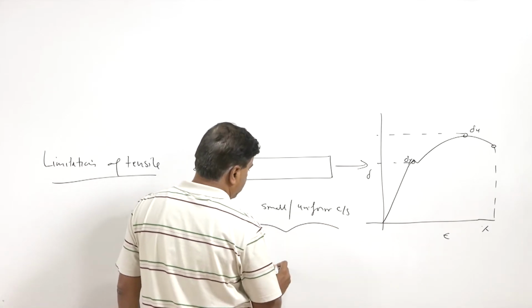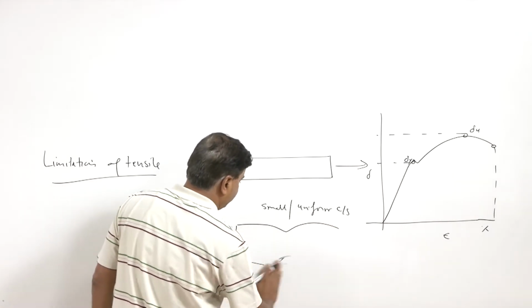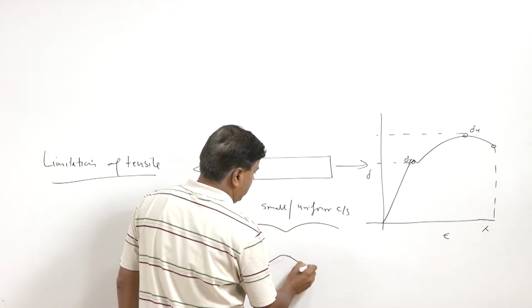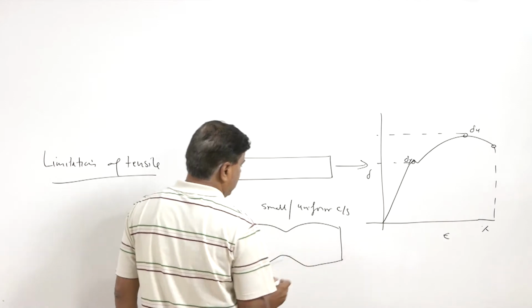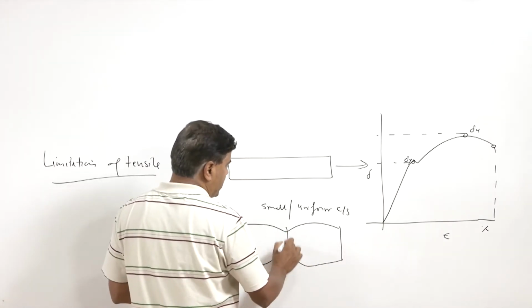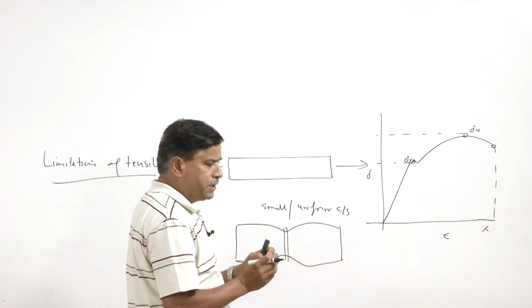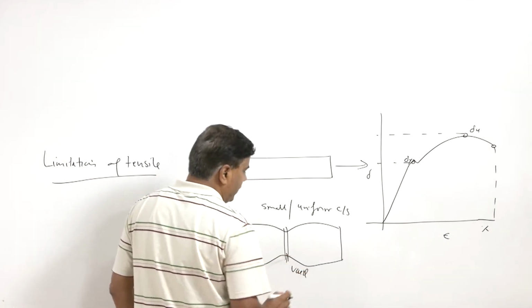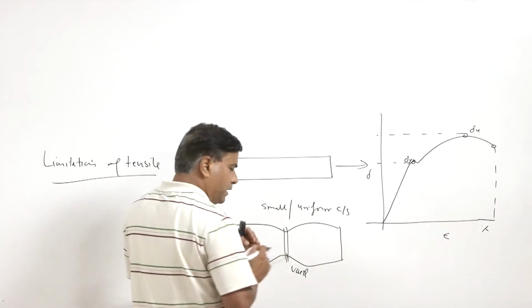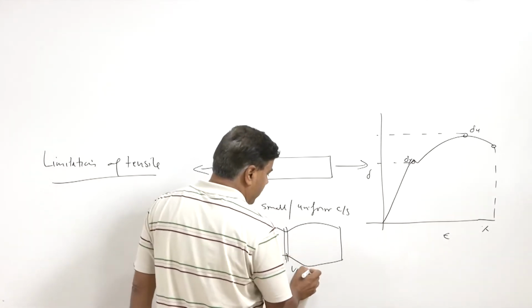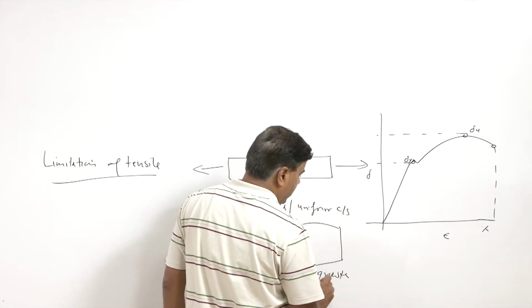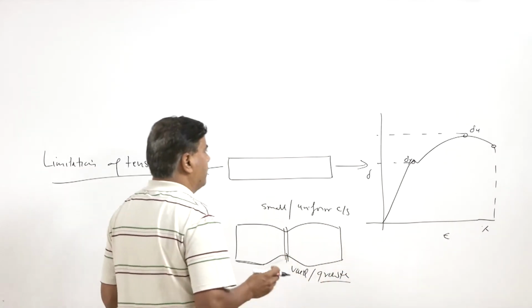This localized yielding causes a localized reduction in the section of the component. It subsequently triggers the nucleation of voids, especially near notches, interfaces or defects, and these voids eventually grow to cause the fracture or separation.